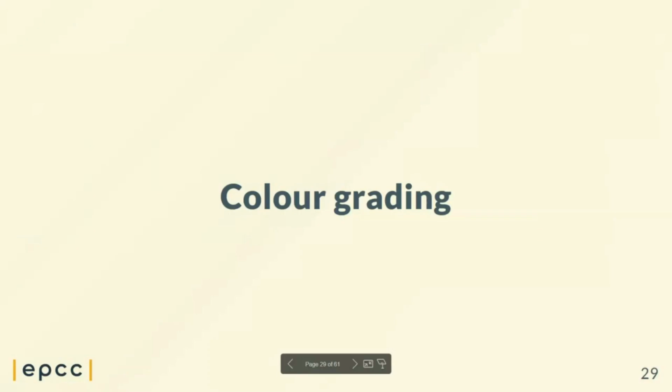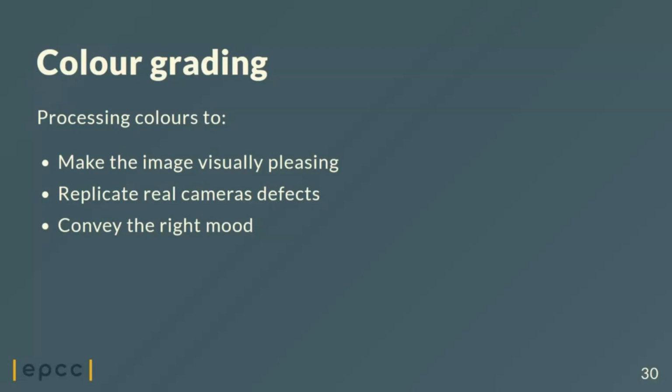We'll talk quickly about color grading. Color grading is a post-processing step. So once you have the render, the image rendered by Blender, you can color grade to change how the image looks.